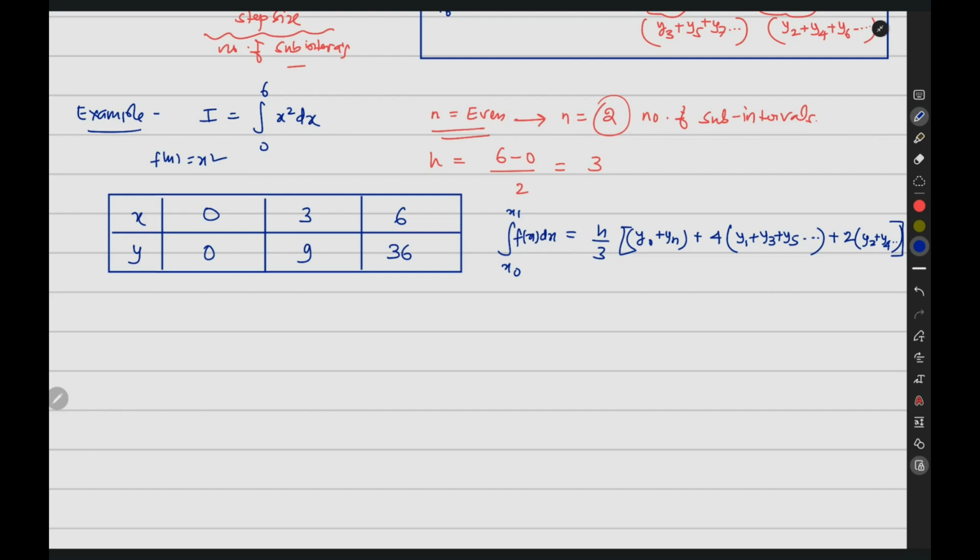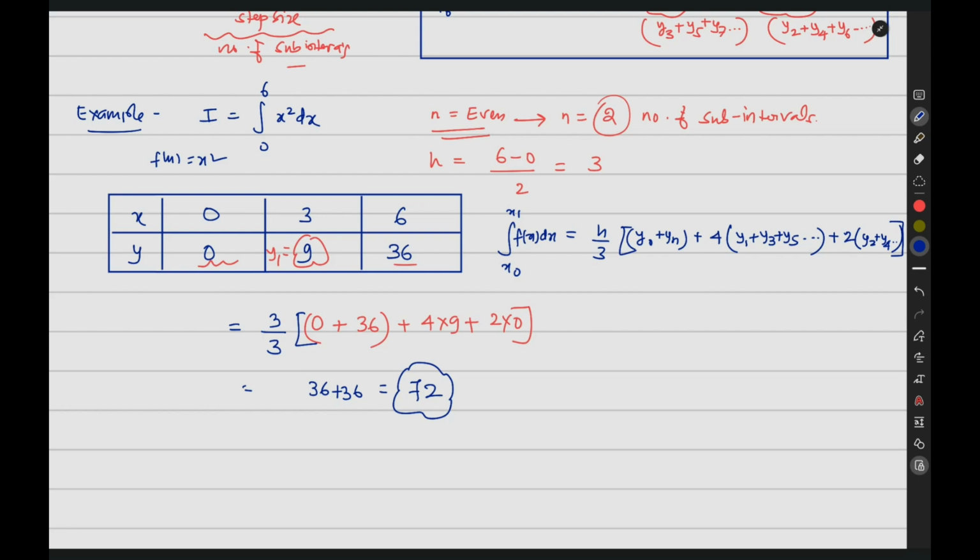So now we will substitute the value h, that is step size equal to 3, so 3 by 3 into the first value, this one 0, plus the last value, that is 36, plus 4 into the odd terms, so it is 4 into 9, and there are no even terms, so it's 2 into 0. Now we will calculate. This is 36 plus 36, it is 72. So the answer for this question is 72.